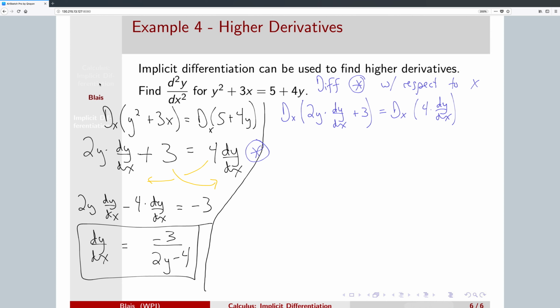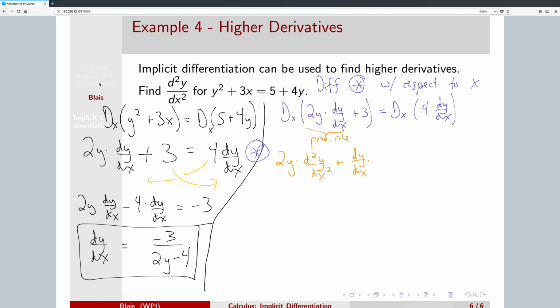So the first term, this is a product. So here, we need our product rule. So the first times the derivative of the second with respect to x. Well, the derivative of the derivative is the second derivative. So we get d squared y dx squared plus the second dy dx times the derivative of the first with respect to x.